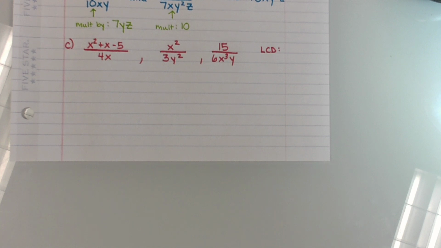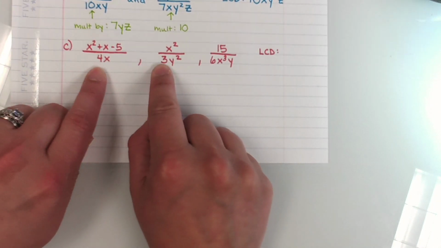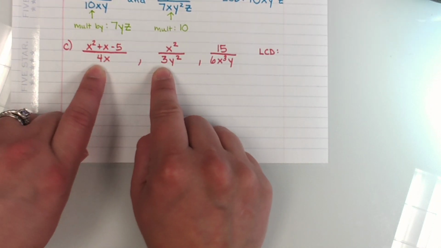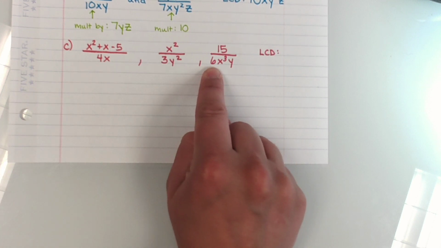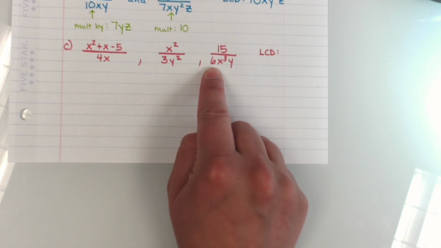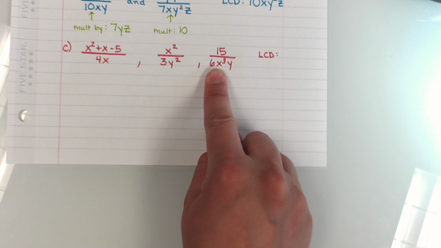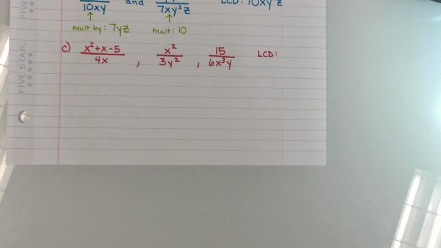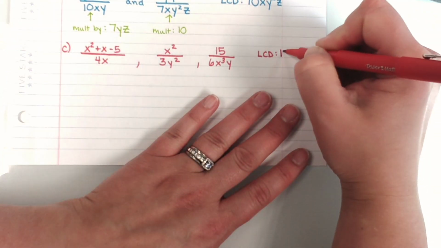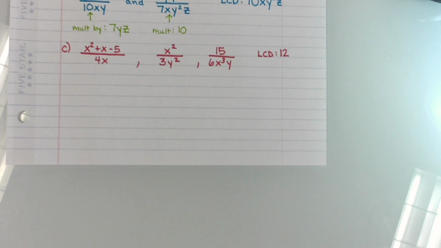I generally say, okay, look at 2 of them and say, okay, if I got a 4 and a 3, the smallest thing they multiply into is 12. And then I look at the other number, and first I ask, would that multiply into 12? Yes. If it doesn't, then I look for the least common multiple of the 12 and whatever number's here. But in this case, they can all become 12.